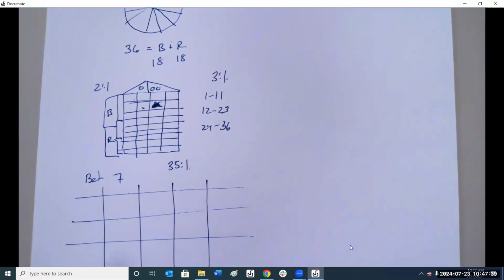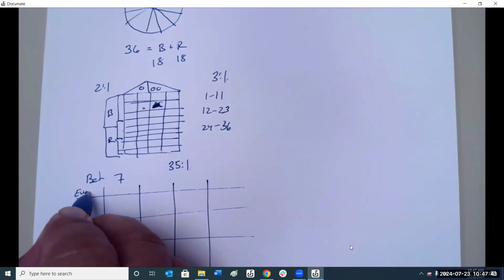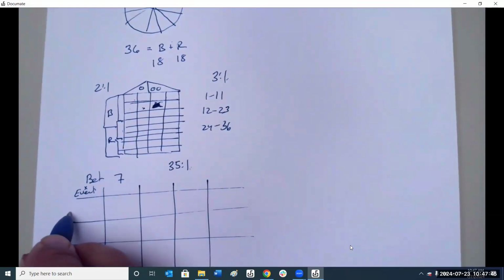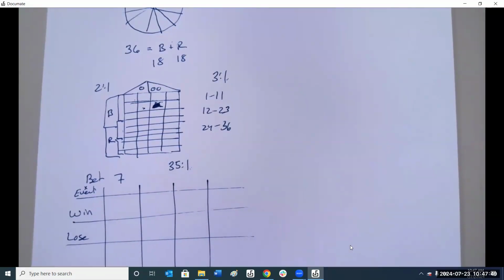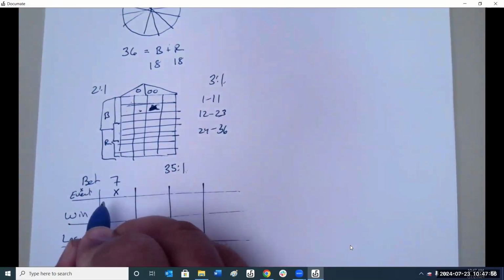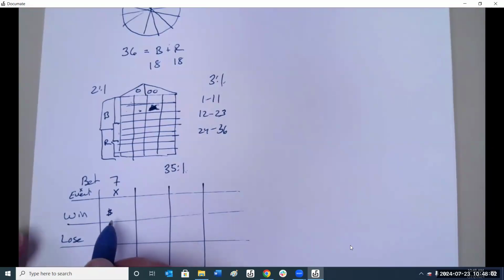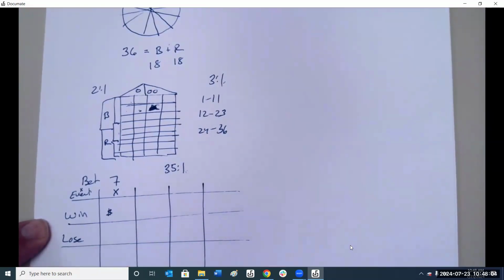So if we look at this thing, with our bet, this is what our event is going to be, our X. We can either win or lose. Now, if you win, how much money would you win?